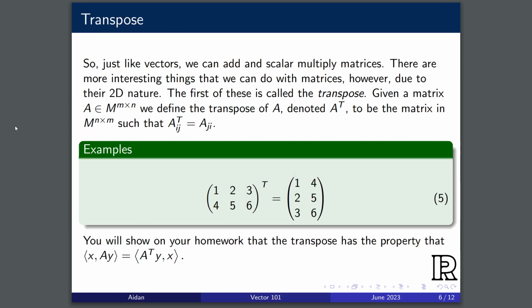Now, another important thing you can do with a matrix is called the transpose. And this is something that you can do with matrices that you essentially can't do with vectors. We talked about how you can view vectors as column vectors, which are matrices, and then you absolutely can take the transpose.